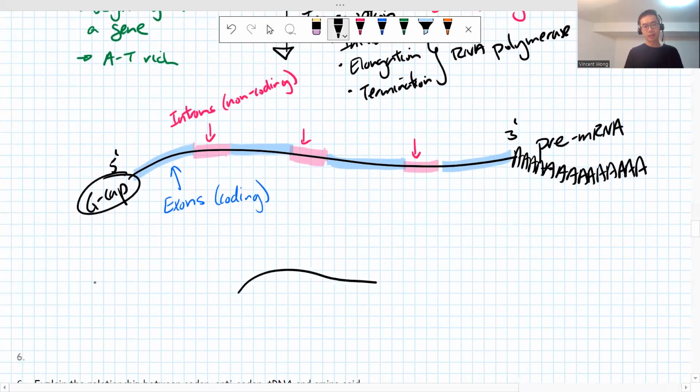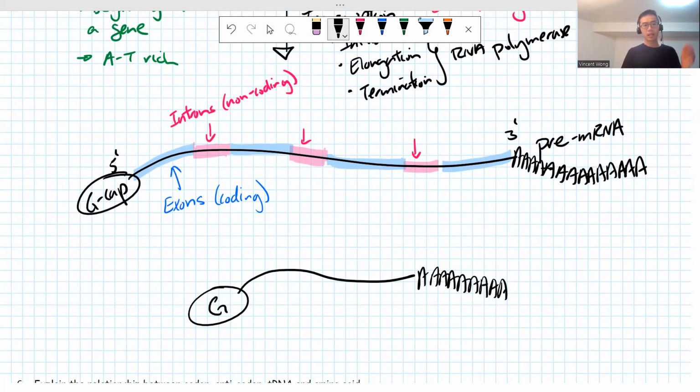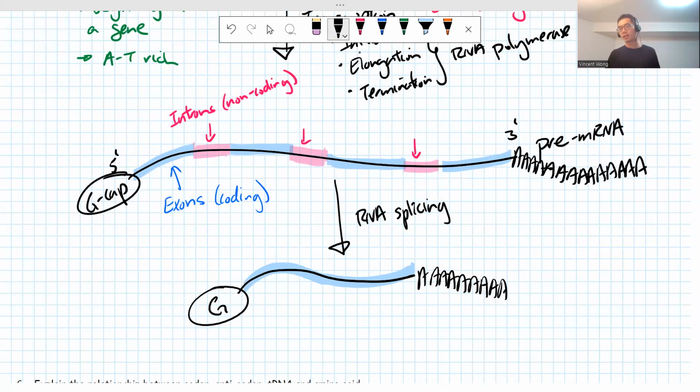Now you have the G cap and the A tail. All the introns are going to be removed, and you only have the exons. This is called RNA splicing. To splice is to cut and connect. It's like doing arts and crafts.